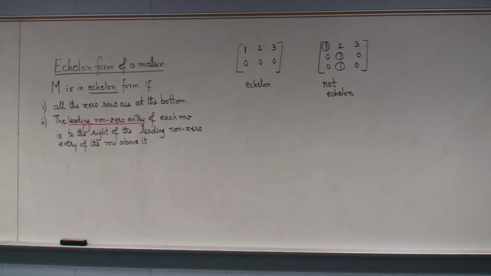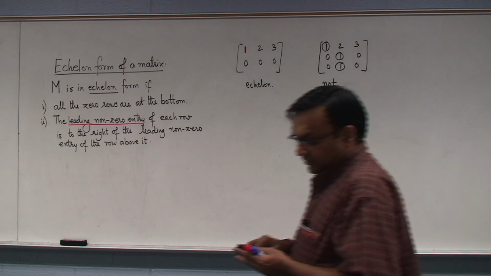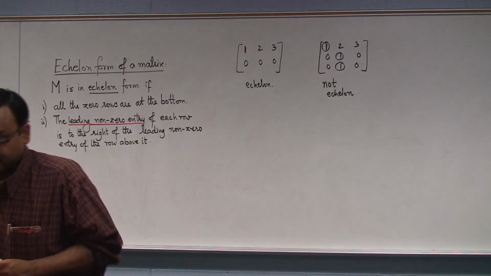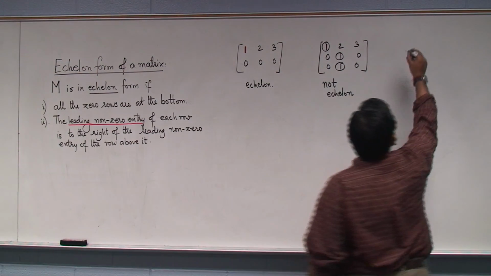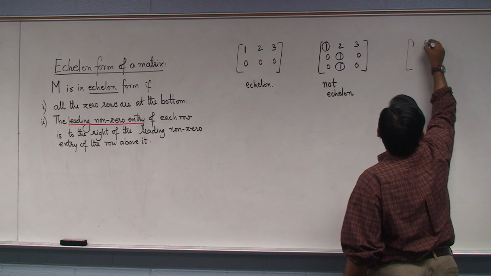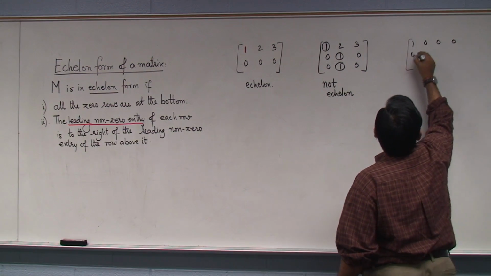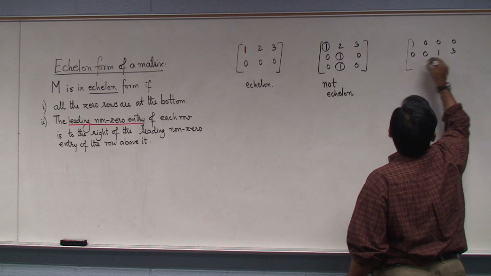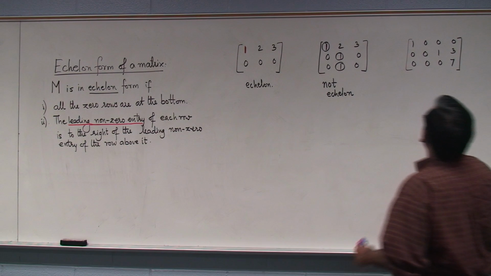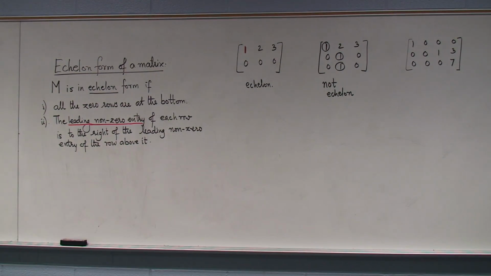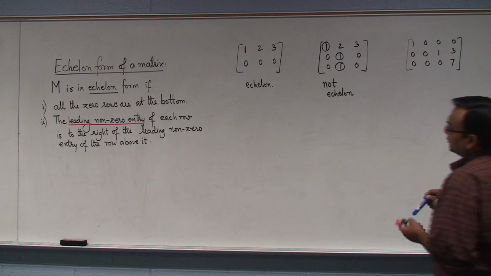Let's try to see another example and see if that is an echelon form or not. So let's try and see something like this. Is this in echelon form or not? So let's see the leading non-zero entries.